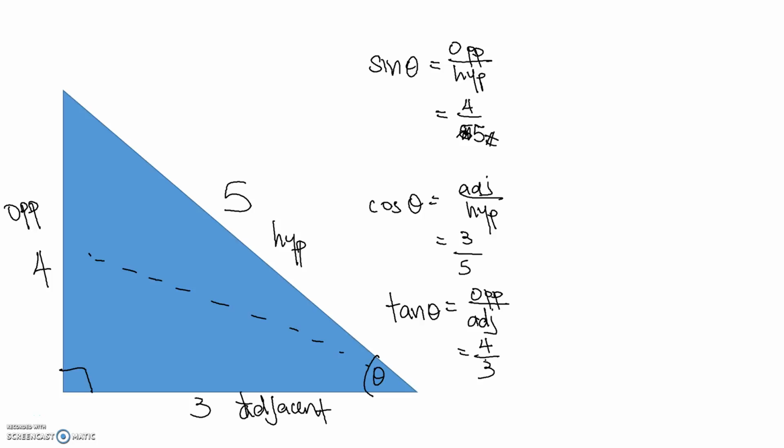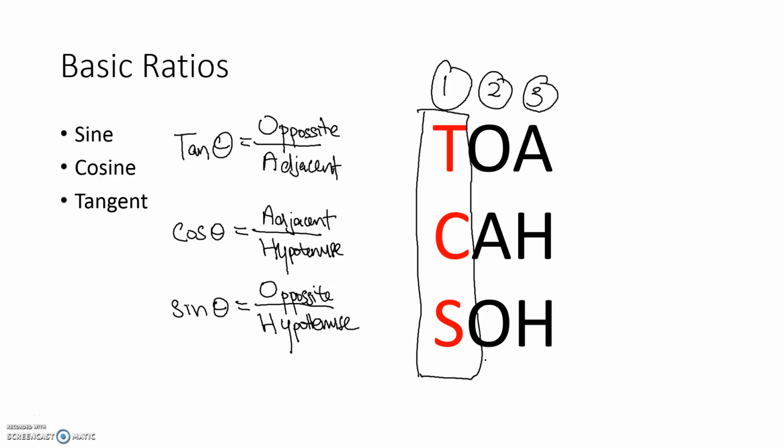As I said just now, you remember it through the mnemonic Tua Ka So, where the first letter refers to the tangent, cosine, and sine ratio, and the second and third letters represent the ratio. The second letter being the numerator, and the third letter being the denominator. Okay, so take your time, rewind the video and revise this.